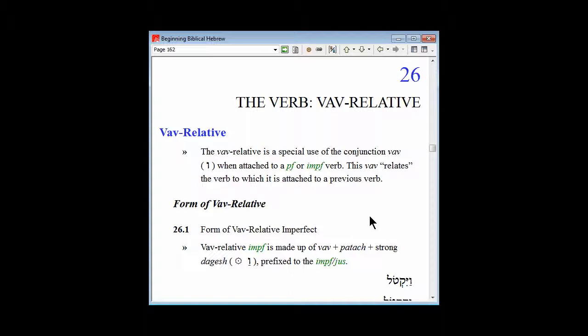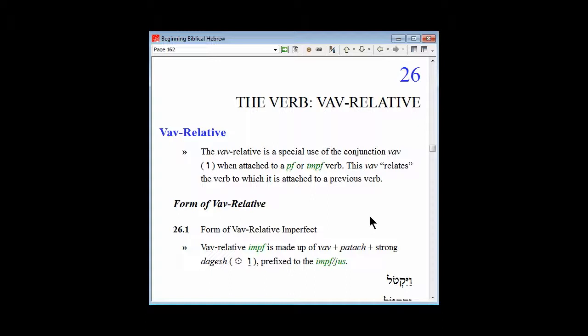Now, what he's talking about in this chapter is a very specific use and function of the Vav conjunction. Now, we've had the Vav conjunction. It's just simply the letter Vav with a Shava underneath it. But there are times when that Vav conjunction is going to change in terms of its pointing, in terms of the vowel associated with it.